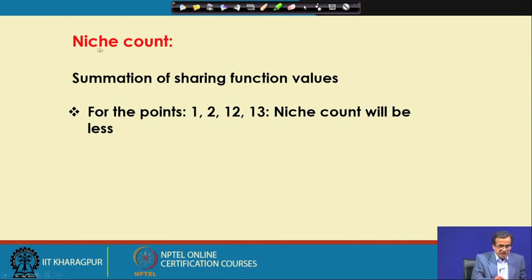Now, what we do is we try to calculate the niche count. The niche count is nothing but the summation of the sharing function values.